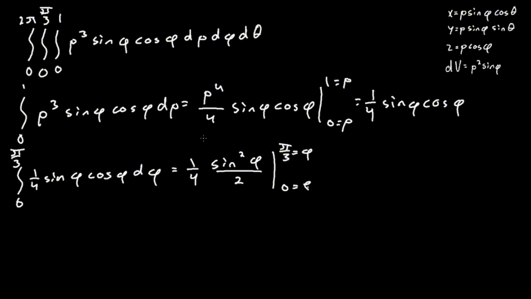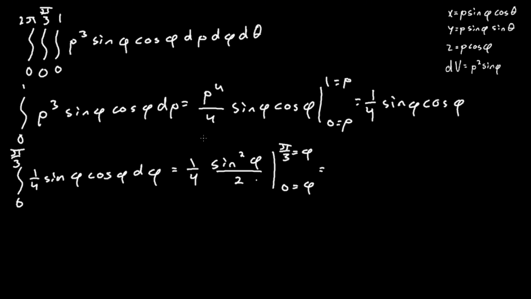And I just use u sub for this. So keep in mind that whenever you find the derivative of this, it's equal to our integrand. So the derivative of this function is equal to our integrand. And you can just double check that.